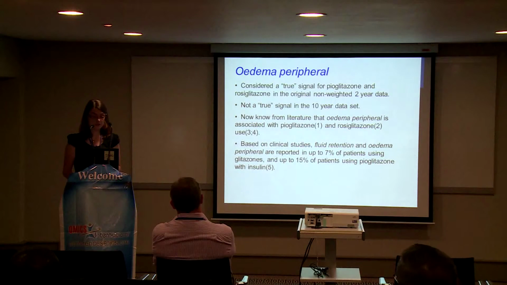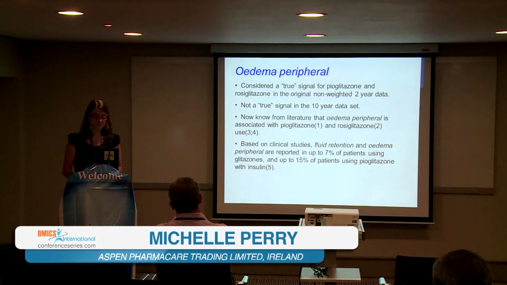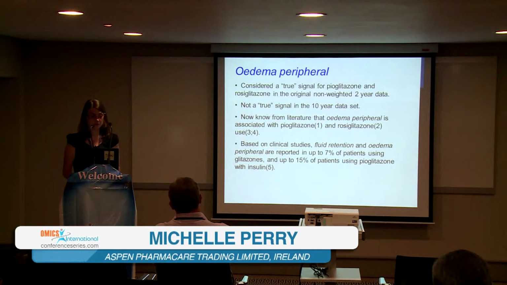And it was a true signal for edema peripheral non-weighted in the 2-year data set, and it was not a true signal in the 10-year data set, and then became a true signal with weighting. So yeah, that's just some statistics about the rates of these terms with pioglitazone use.